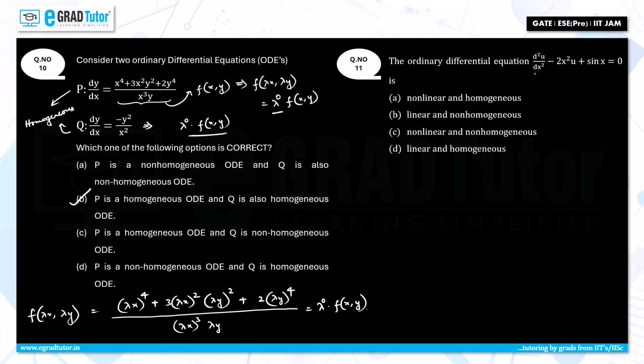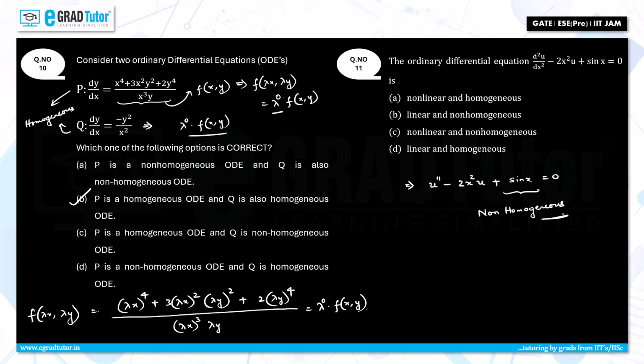First of all, let's write this equation u double dash minus 2x square u plus sin x equal to 0. So you can observe in the differential equation there is a term called sin x. Okay, whenever you see such terms, the equation will be non-homogeneous.